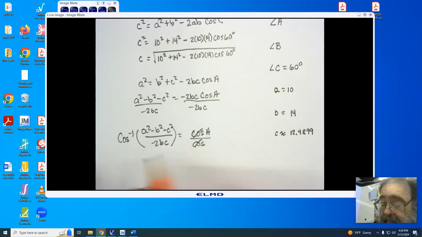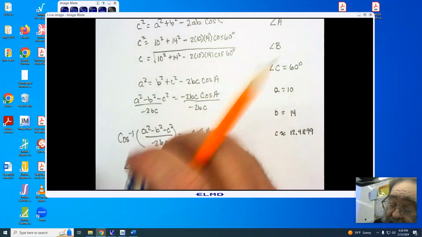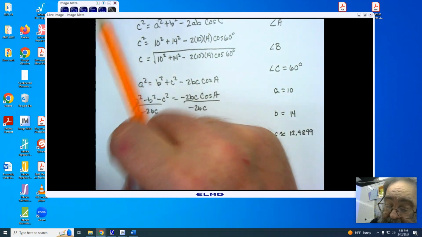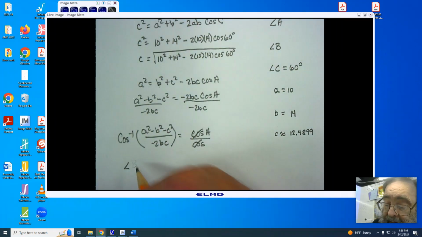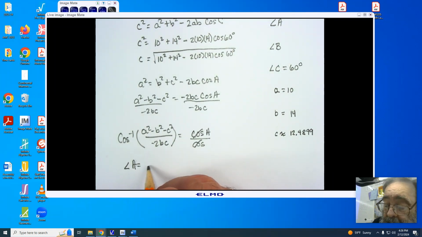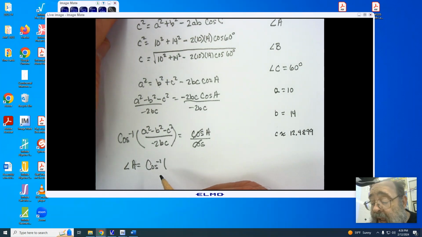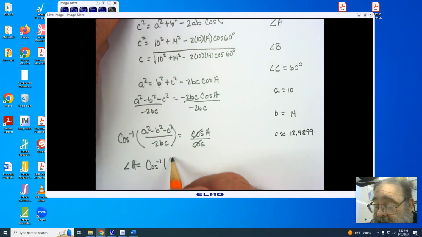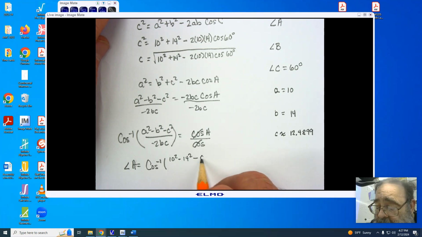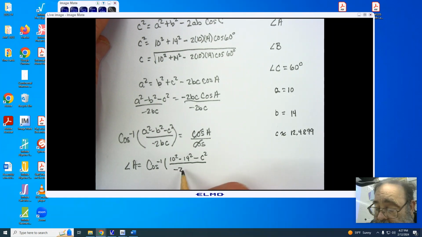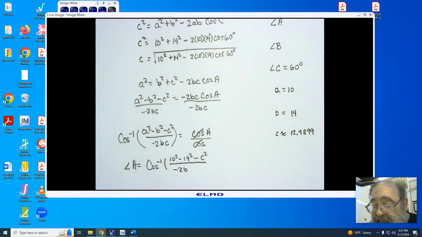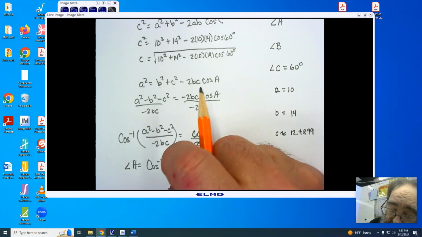A will have to be approximately, excuse me, I just said will have to be, and I wrote B. That's funny. Let's try that again. The arc cosine of, our A is 10, so we have 10 squared minus 14 squared minus the value we put in our calculator, C, the quantity squared, minus 2 times B, and our B value once again was 14.